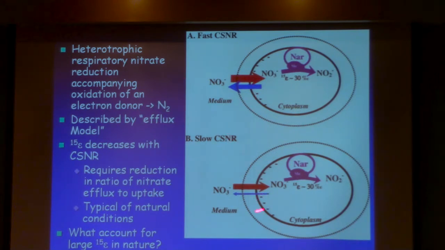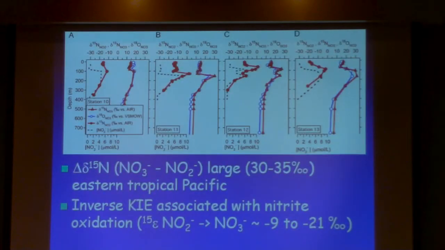We don't lose as much, so there's a greater utilization within the cell, and hence a lower fractionation. So a larger fractionation associated with nitrate reduction in nature is due to a faster cell-specific nitrate reduction rate. Okay. All right, so again, controls on nitrate denitrification, controls on nitrogen assimilation. Again, this efflux model holds.